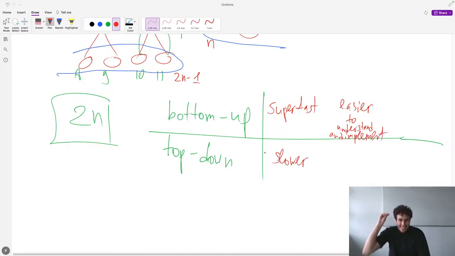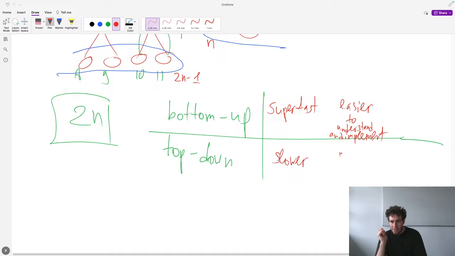So why is it slower? Well, because it uses recursion. If you think about any kind of divide and conquer, like merge sort, probably you're using recursion. And here we're also using recursion, so it's gonna be slower. And the advantage here is that it's much easier to make it general. So any kind of problem you want to solve, it's much easier to think about it in this top-down way.